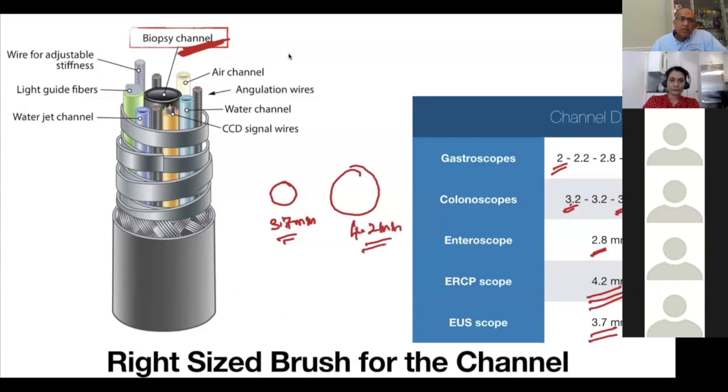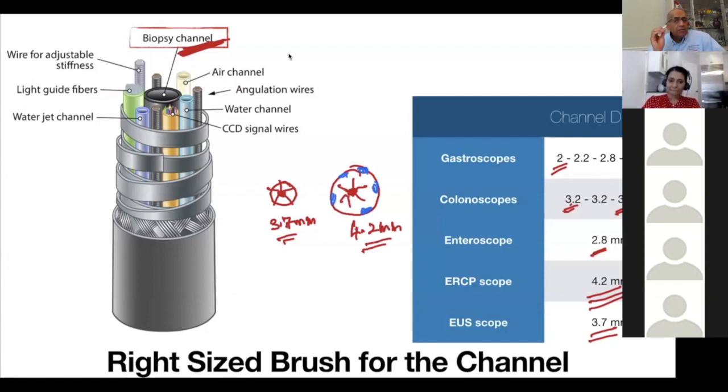Why is this important? Say, for example, you use a brush that is made for a 3.7 channel. It is going to clean that channel. But if you use the same 3.7 millimeter brush on the larger channel, what is going to happen? You are not going to clean the channel and you're going to leave residue.